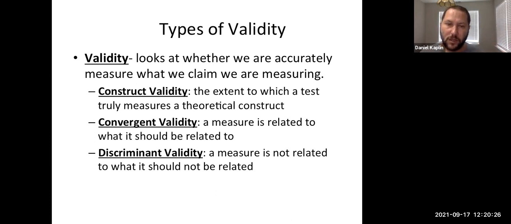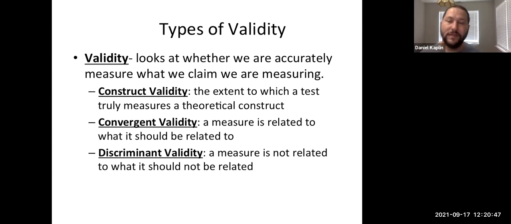The flip side is we also use divergent or discriminant validity to determine whether the instrument can separate things of different constructs. So if I'm measuring happiness and another instrument is measuring athleticism, right? These two factors are not necessarily related. So I would expect there not to be a strong correlation between my happiness measure and athleticism, right?